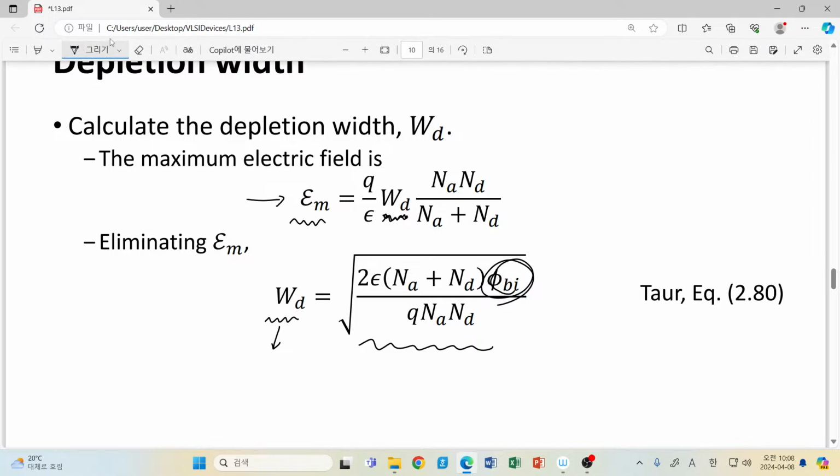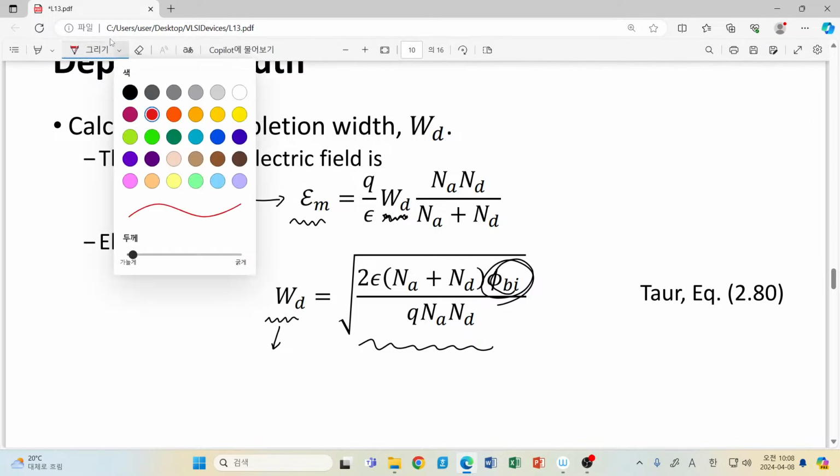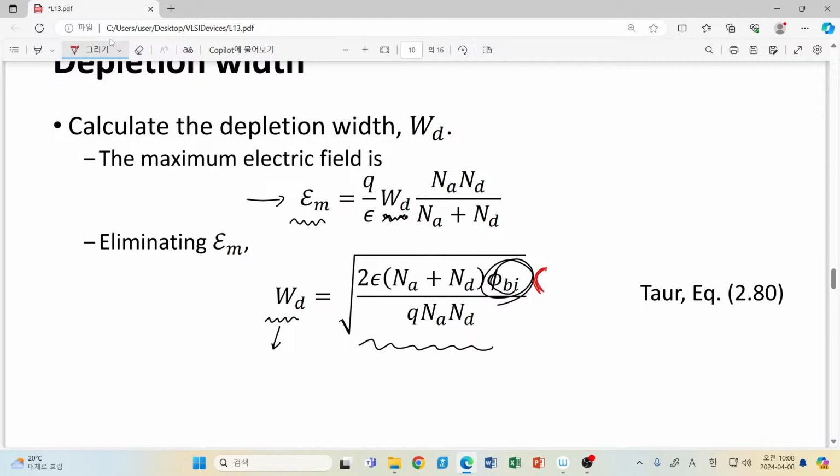Na and Nd are the doping densities. Please note that this built-in potential is also a function of Nd and Na.